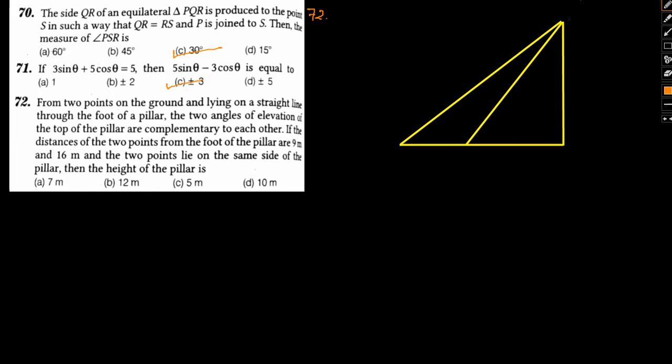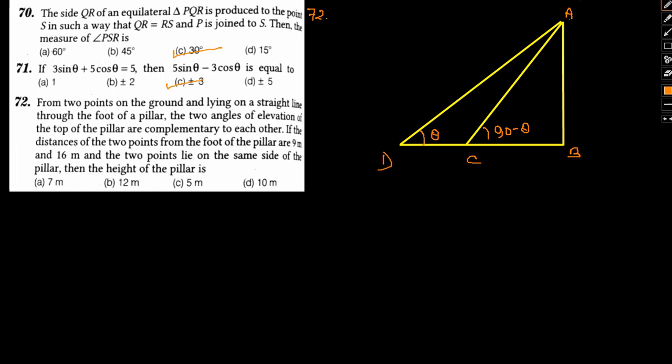So let this be A, B, C, and let this be C and this be D. Let's go in order. Now it's given that the angles are complementary to each other, so we can do one thing. Let this be theta and this be 90 minus theta.